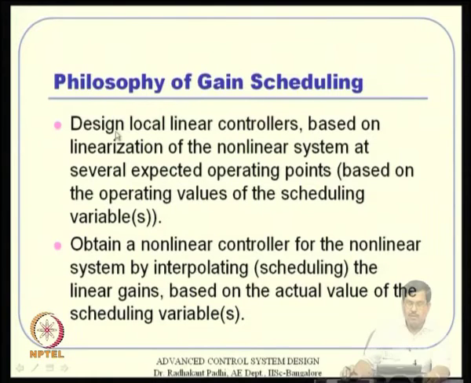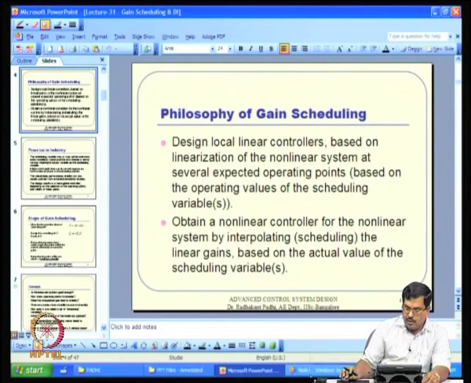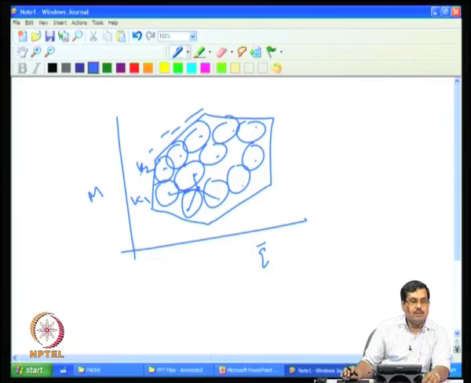So, first what you do is design local plants and then design local linear controllers, based on linearization of the nonlinear system at several expected operating points, based on the operating values of the scheduling variable. And remember, the scheduling variable or the interpolating variable need not be the state vector at all, because the state vector is high dimensional and we do not want to interpolate the gain based on a very high dimensional interpolation.